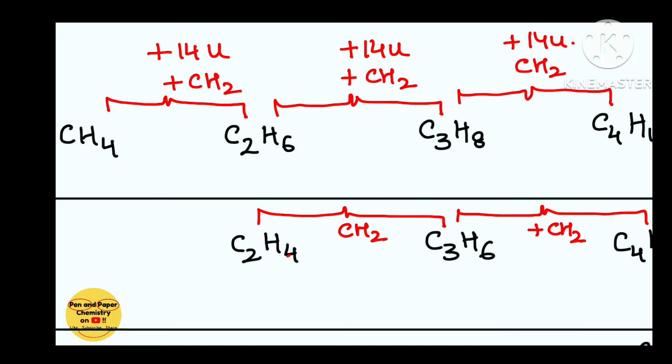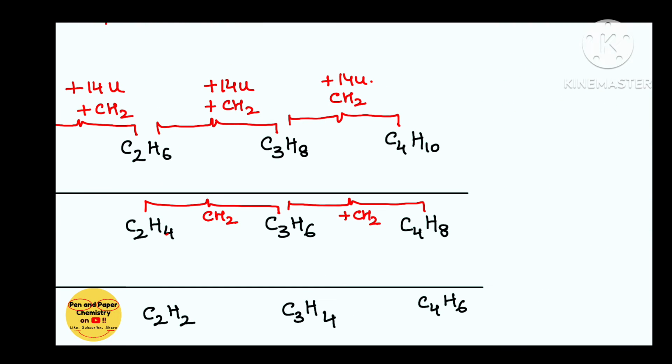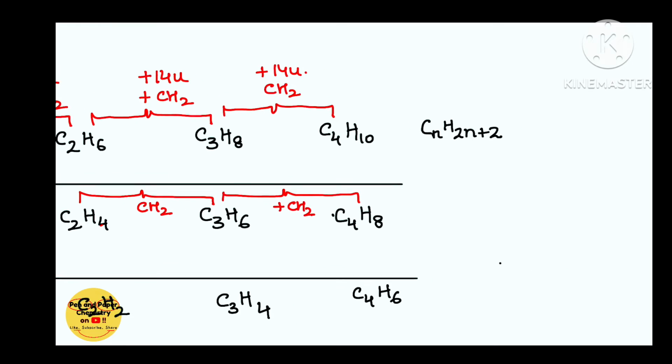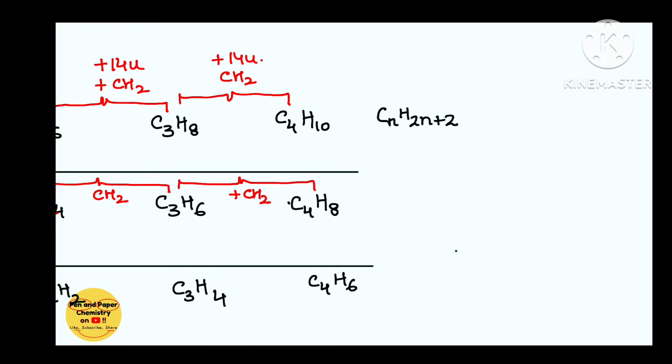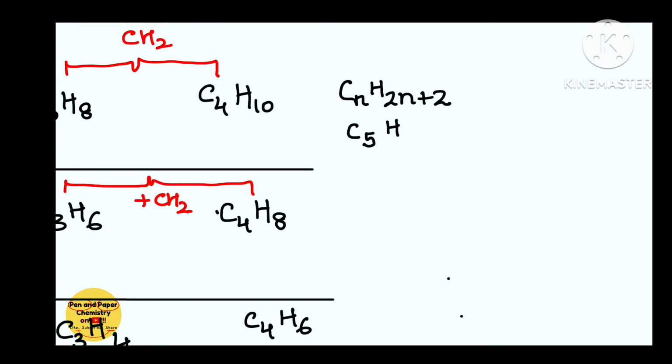Come on, try it. Yes, I can represent these formulas or these compounds by a simple generic formula, CnH2n+2. So if I am talking about the fifth member, I will put n as 5 and substitute the value over here and I get C5H12.